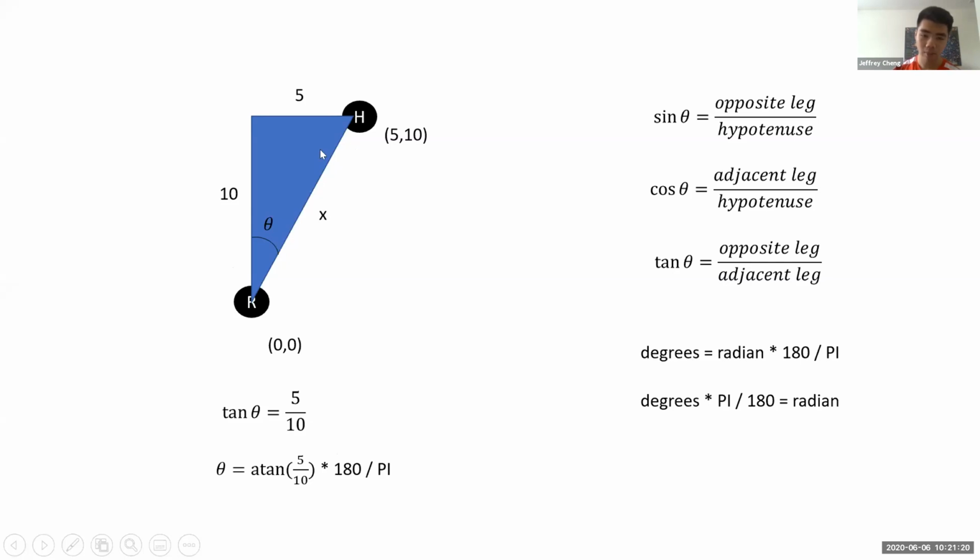Now, one thing to keep in mind is this human could always be on the left, but if it is on the left, then the x coordinate should be flipped negative instead of positive, because this human is always given relative to the robot.